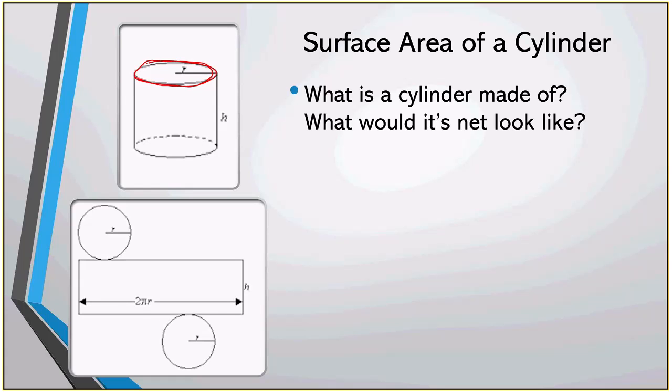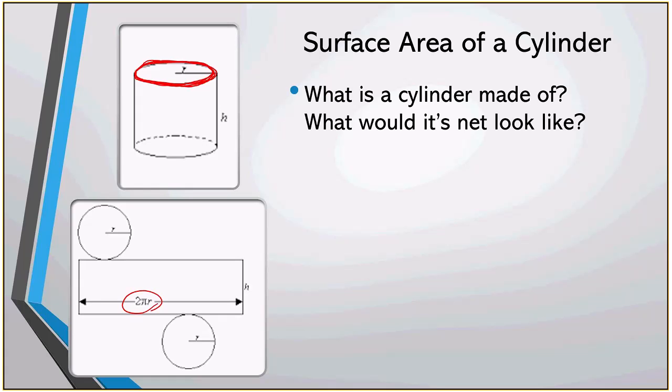Does anybody remember? When you go around the outside edge of a circle, what's that called? Anybody? Circumference. And the circumference, remember, is 2 pi r. We used that formula back when we talked about circles.